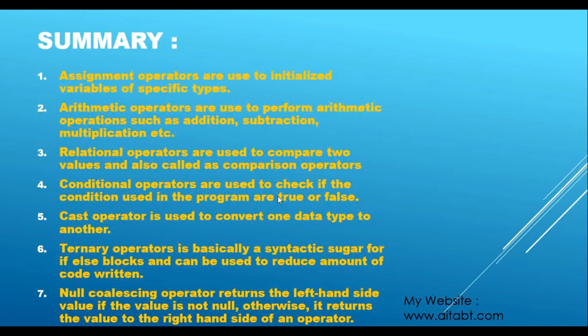If you write this ternary operator code, then instead of that if else block and so much code, you are writing it in a single line itself. So that is reducing the amount of code we have written. And seventh, the null coalescing operator, returns the left hand side value if the value is not null, otherwise it will return the value on the right hand side of the operator, that we have just seen.